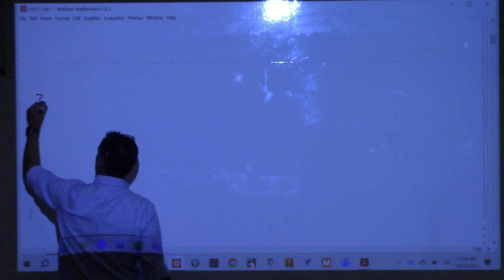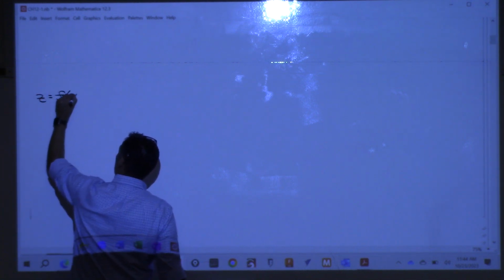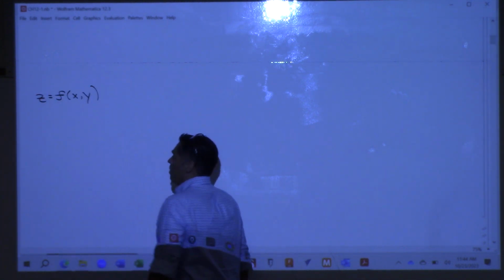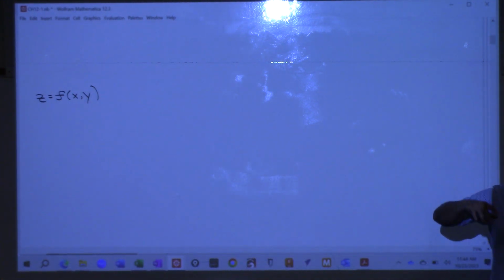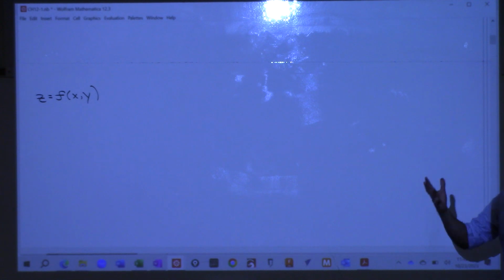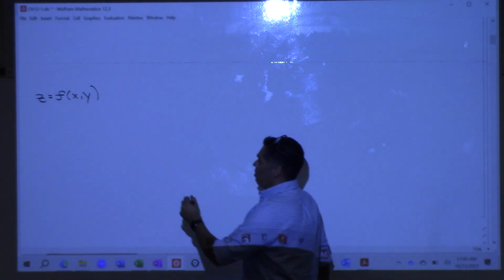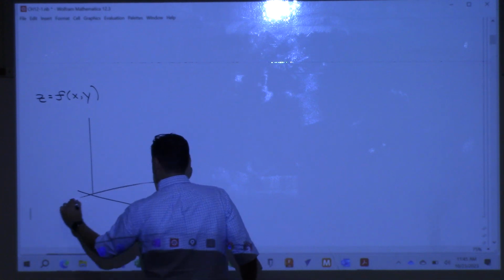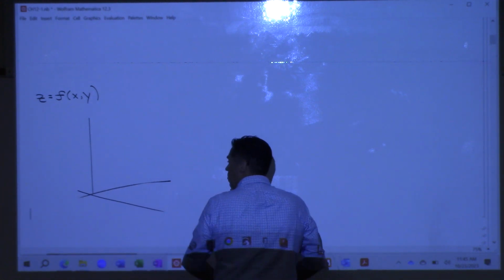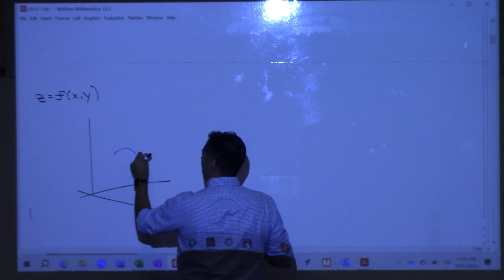If I give you z as some function of two variables, what does that look like in three-dimensional space? Could be a plane, just a surface. Just some surface.